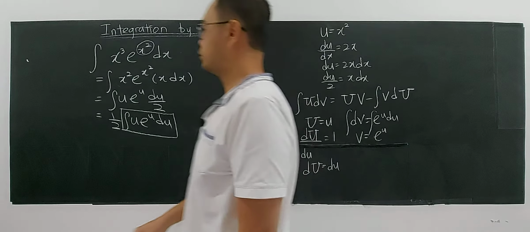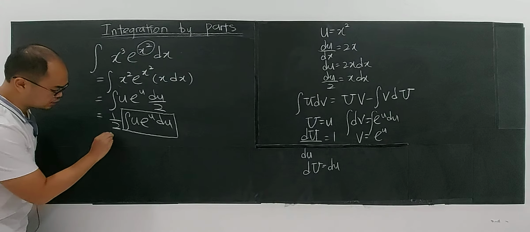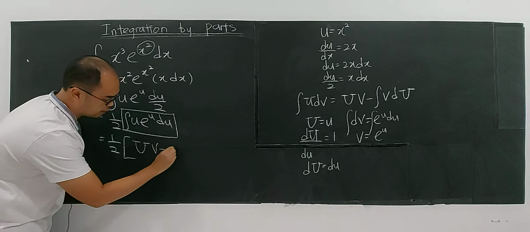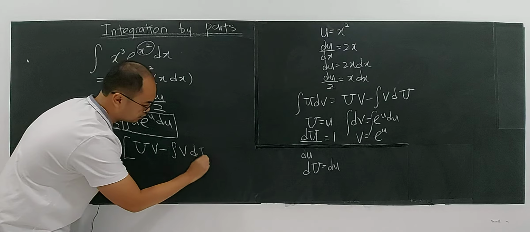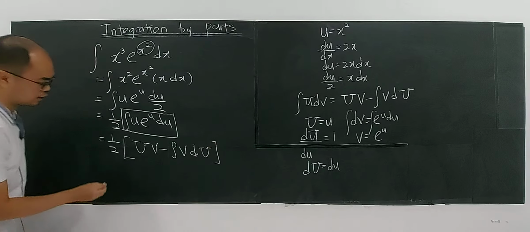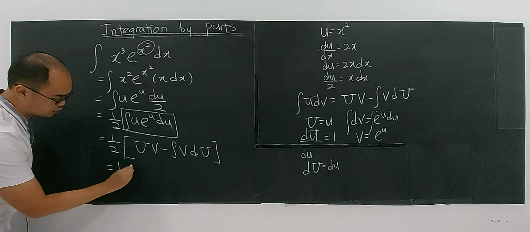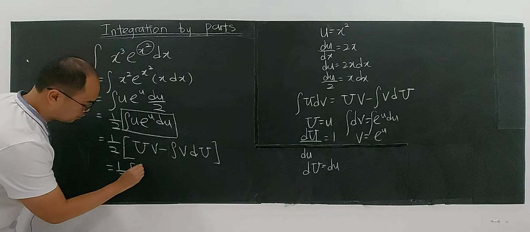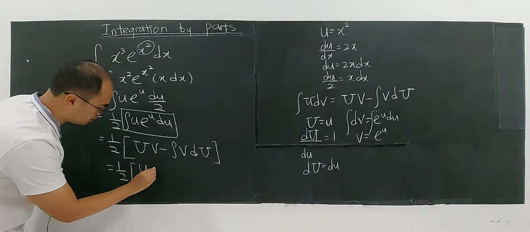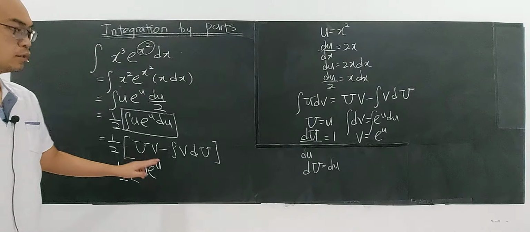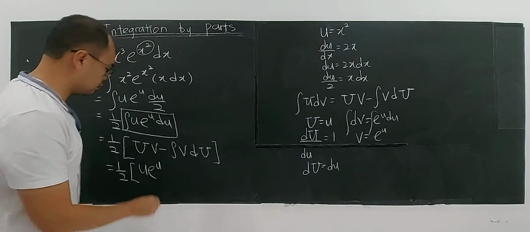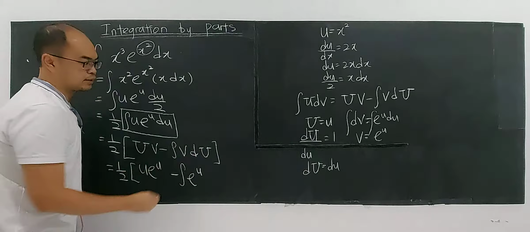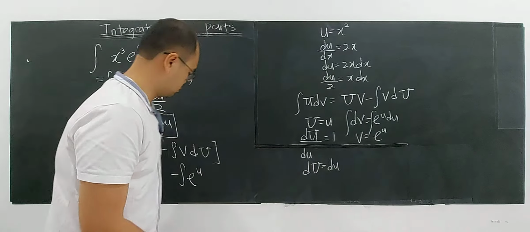So I perform the integration by parts here, which is half of capital U v minus integral of v dU. So your capital U is u, v will be e to the u, minus the integral of v, which is e to the u, dU is du.